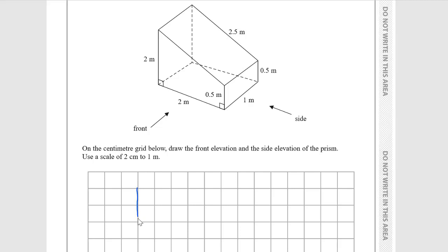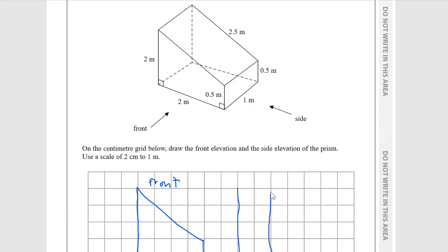So that's 1, that's 2, so that's 1 meter, then 1.5, then 2 meters, and then same thing here, 1, 2, 3, 4. I have 0.5 here, so that means it's going to be 1 centimeter, and then we draw the line. Brilliant. Of course, when you're drawing this, it needs to be a lot more straight using a ruler, but just for the sake of this, I hope you understand.